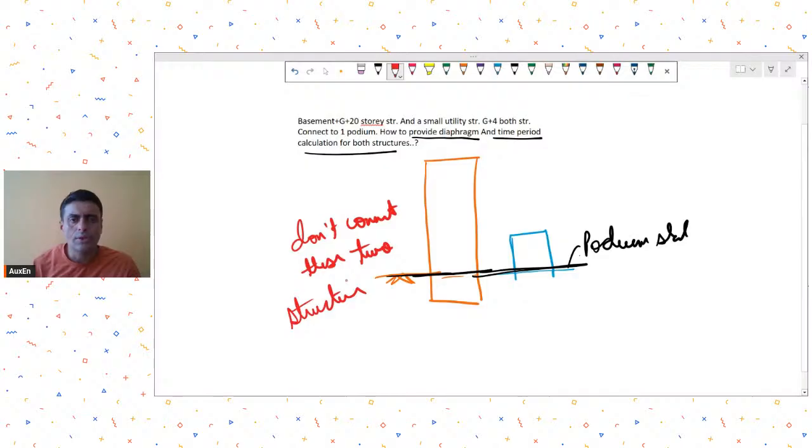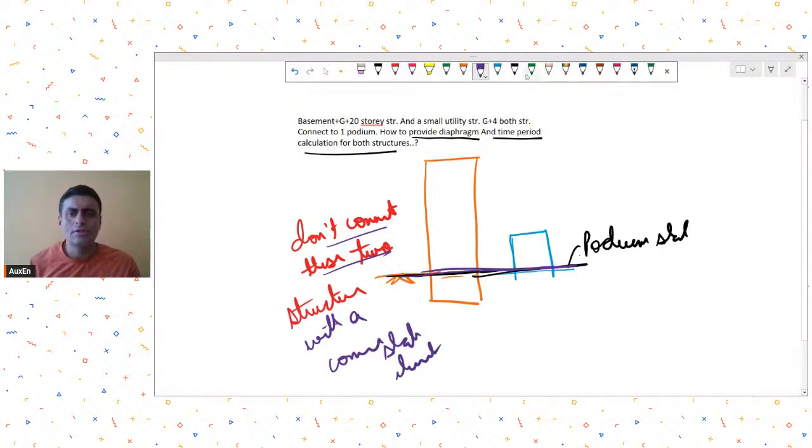Common diaphragm means don't have them connected by a common slab element like this. So don't connect these two structures with a common slab element. It is better because of so much dissimilarity in them. It is better that you disconnect them. So I will always suggest you to disconnect it.